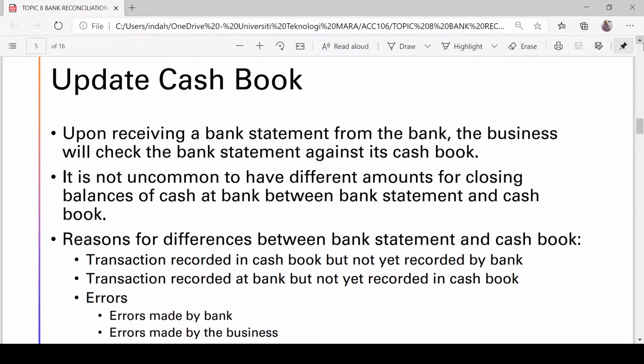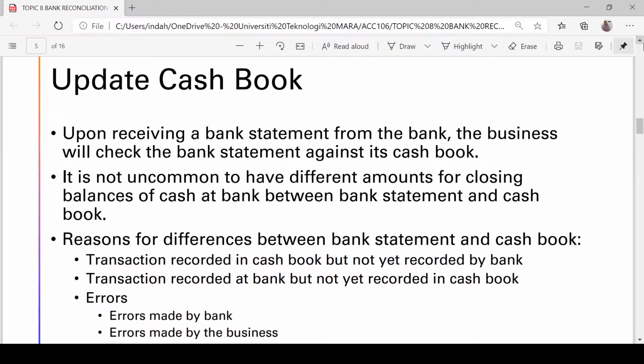So there is a delay, and maybe that delay involves two different months. You issue the check at the end of the month, and they only bring it to the bank at the beginning of the following month. So when you receive the bank statement for the current month, the transaction will not appear in it but in the following month's bank statement. That is one of the differences.